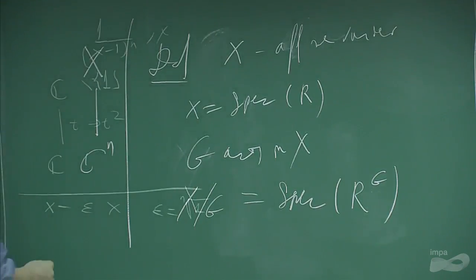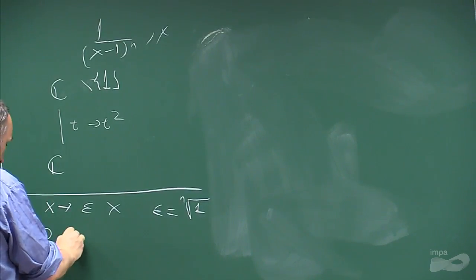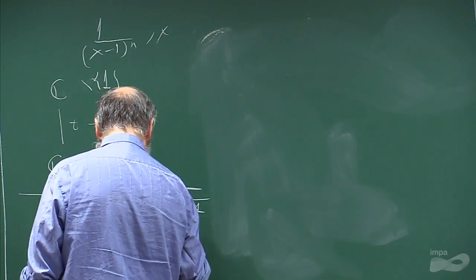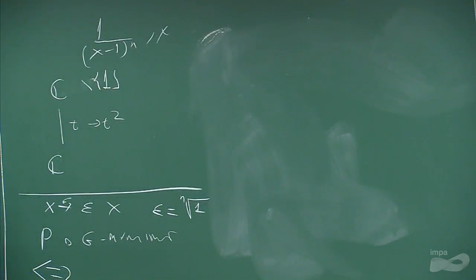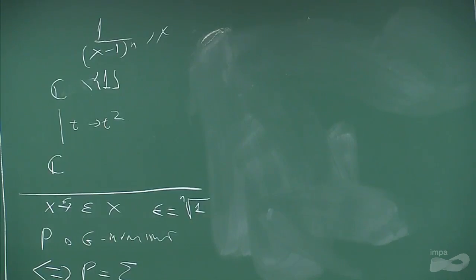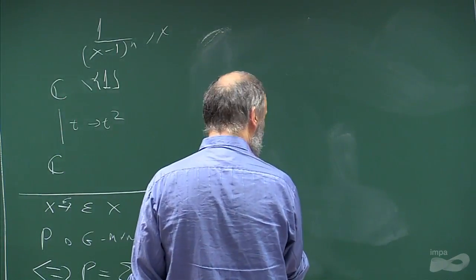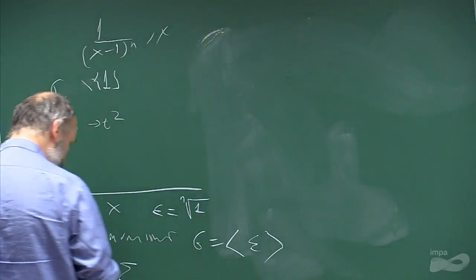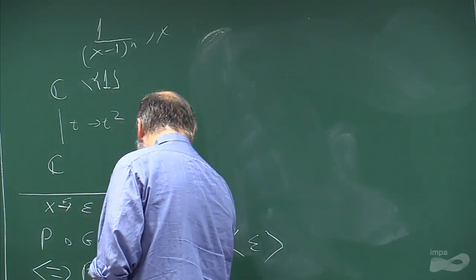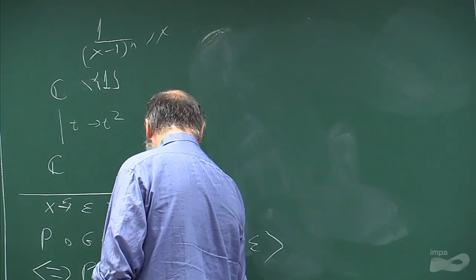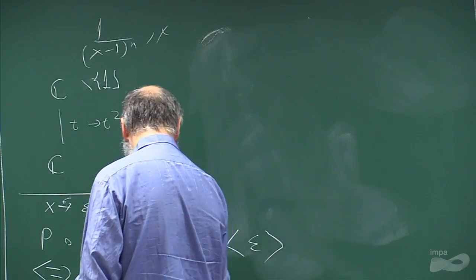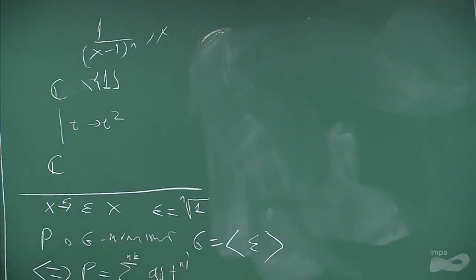Am I clear with this? Good. Then a polynomial P is invariant under the group G generated by epsilon if and only if P is a sum of a_i t^{ni}. Why is this so?